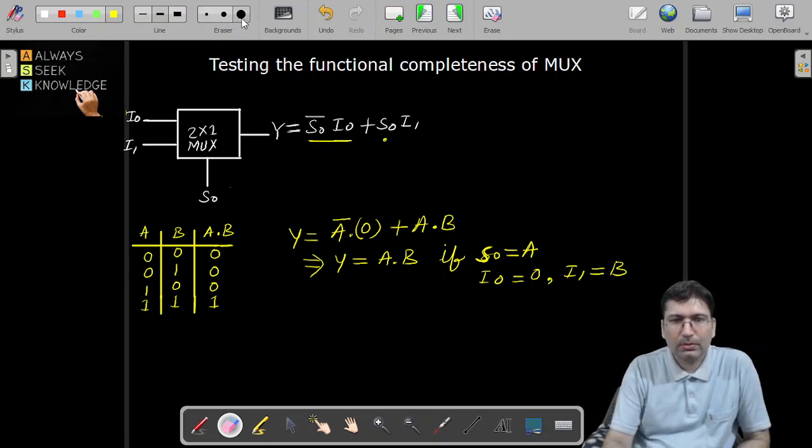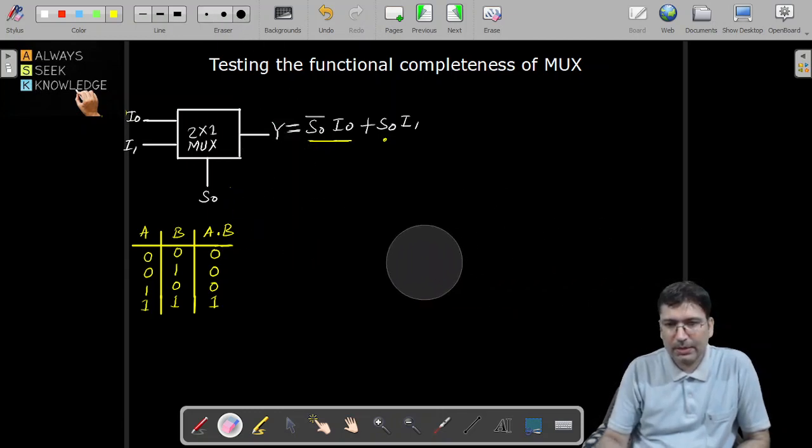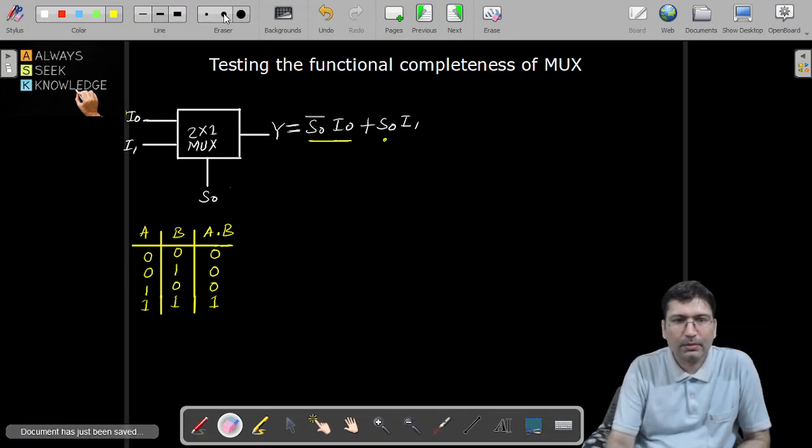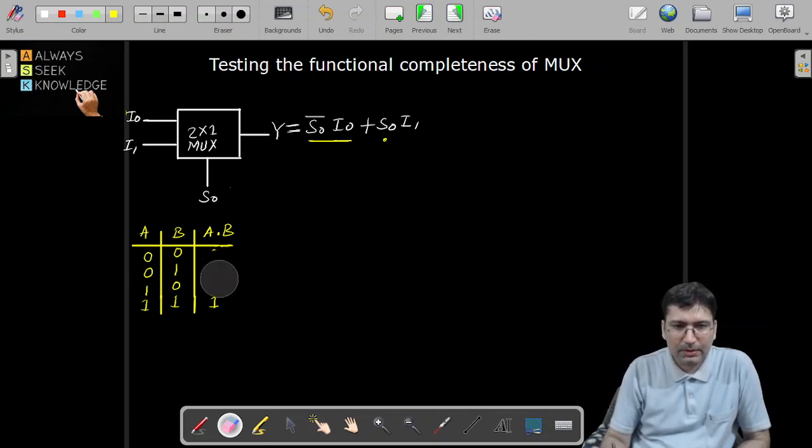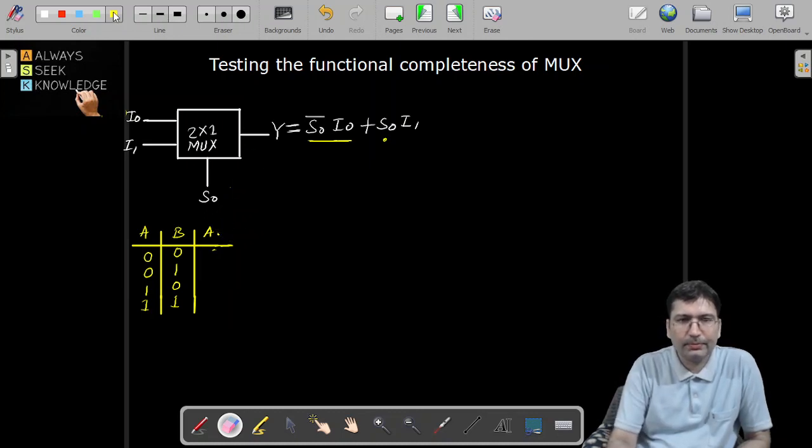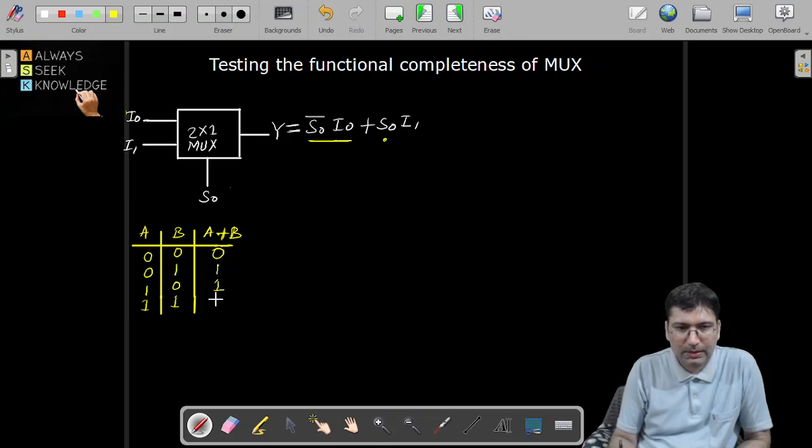So let's say I'm cleaning this. Now I'm cleaning this also, and here I'm interested to get A or B, right? If you look at the truth table, 0 0 will give us 0, and this will give us 1, this will give us 1, and this will also give us 1.